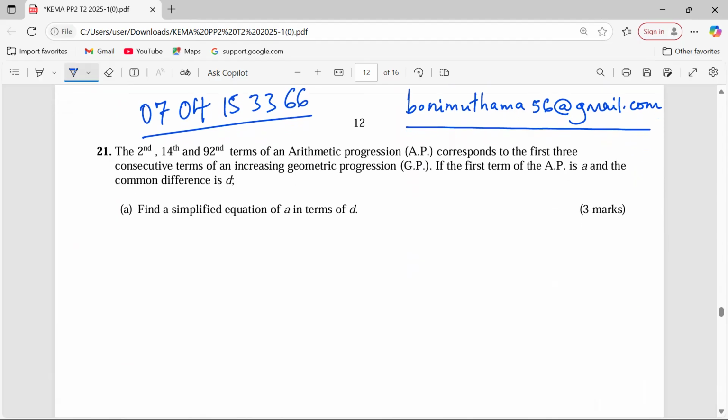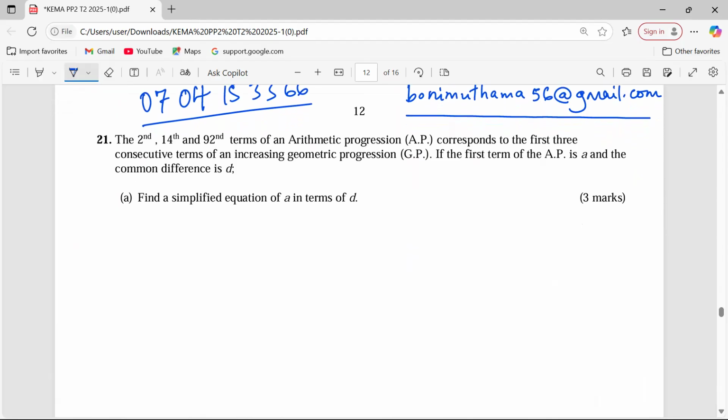21, a question from Sequences and Series. A very interesting question. Let's go through this question together. We are told that the second, 14th, and the 92nd term of an AP, arithmetic progression, correspond to the first 3 consecutive terms of an increasing geometric progression, that's a GP.